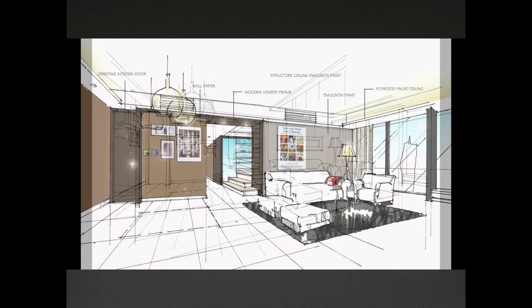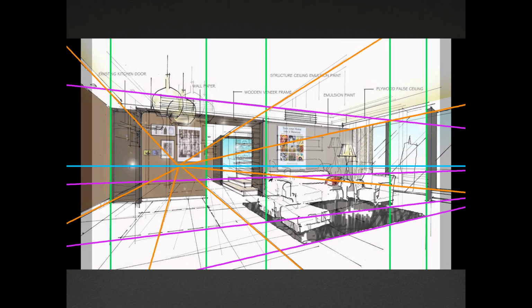And we're going to say that this is 2-point perspective primarily because all the vertical lines are orthographic. They're parallel to the left and right sides of the picture plane. But everything else, all the diagonals, all converge at 2 vanishing points.